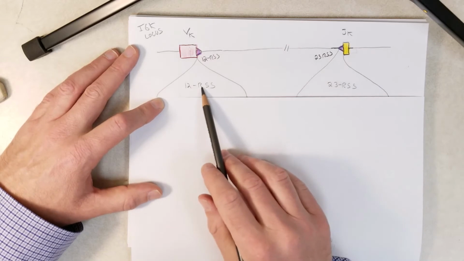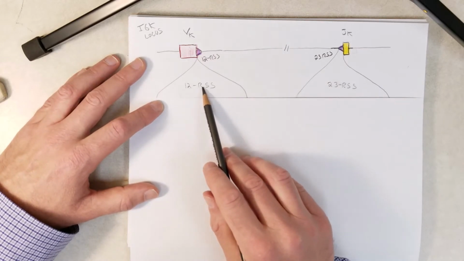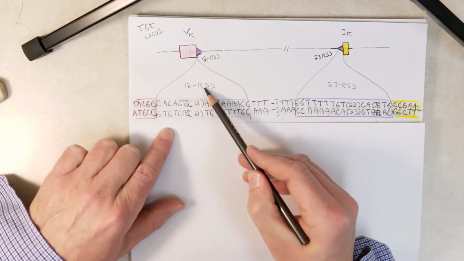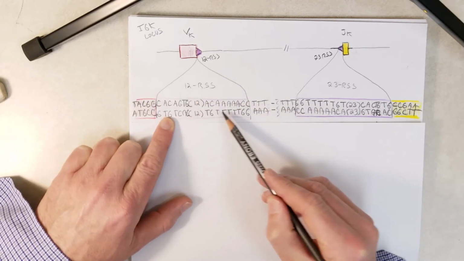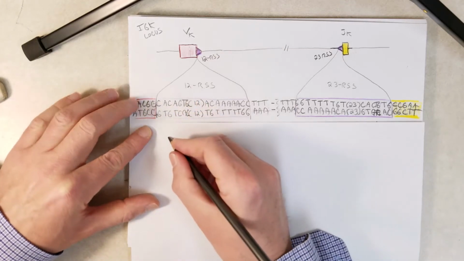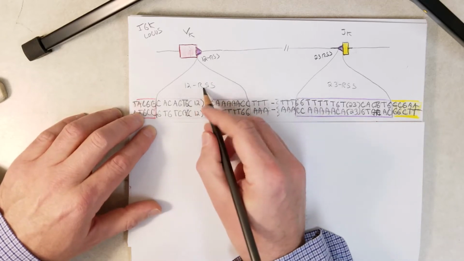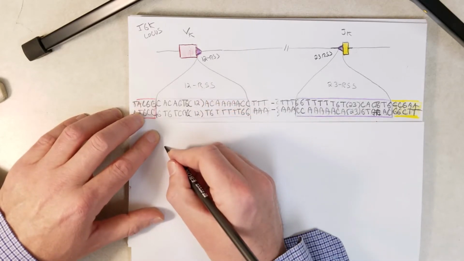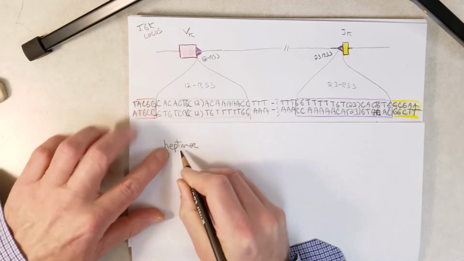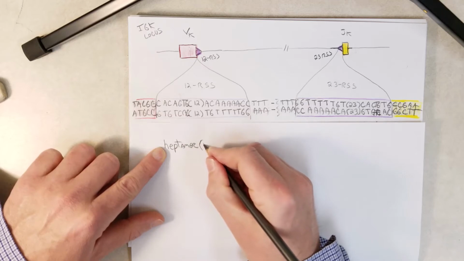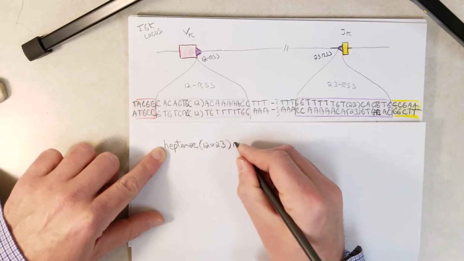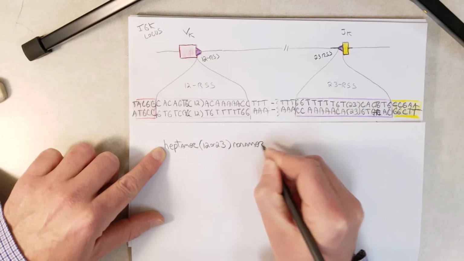Now I'm going to show you some details on what the 12 RSS sequence looks like. The 12 RSS sequence is in purple here. In general, RSS sequences have a heptamer sequence, a sequence of 7 bases, followed by a 12 or 23 base pair spacer, followed by a nonamer sequence, so 9 base pairs.